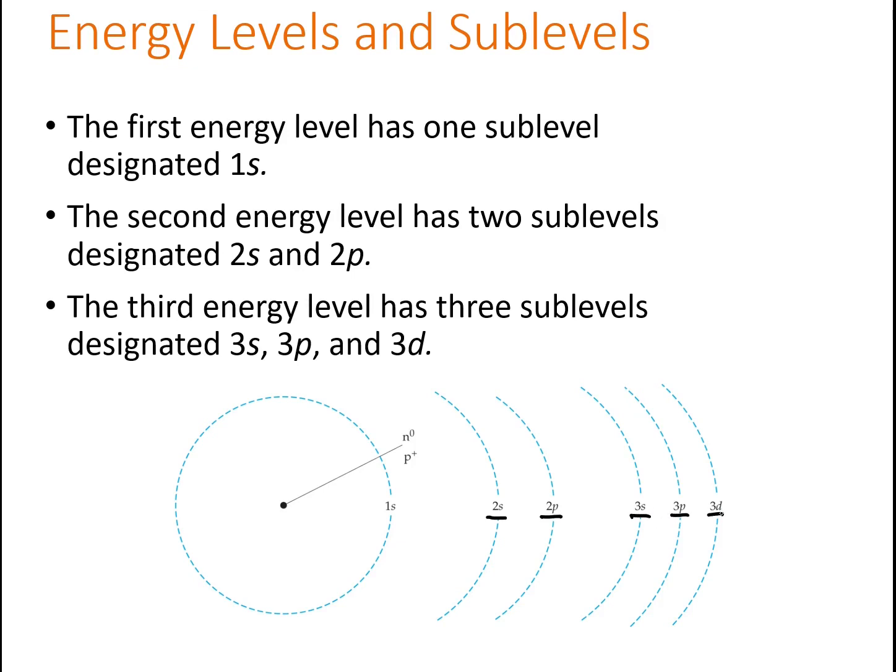I will tell you more about this order, but what I want you to notice is that the higher the number, the further away the sublevel and energy level is. So here we've got low energy, higher energy. Remember that: the further away you are from the nucleus, the higher the energy level you have, so that electron is going to have more energy.